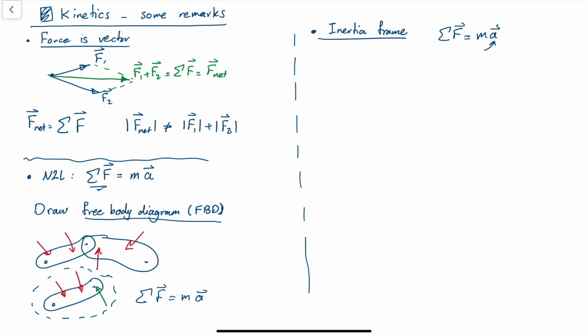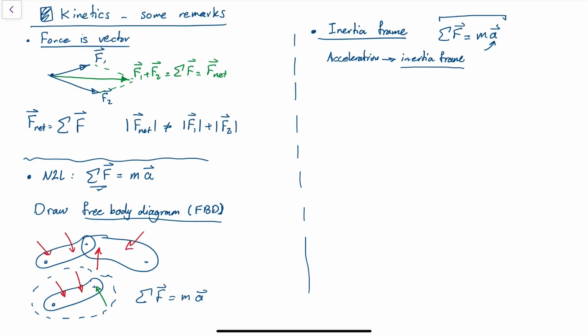How should the acceleration be described or measured? And the answer is, in order to have this relationship, the acceleration must be measured in an inertial frame.